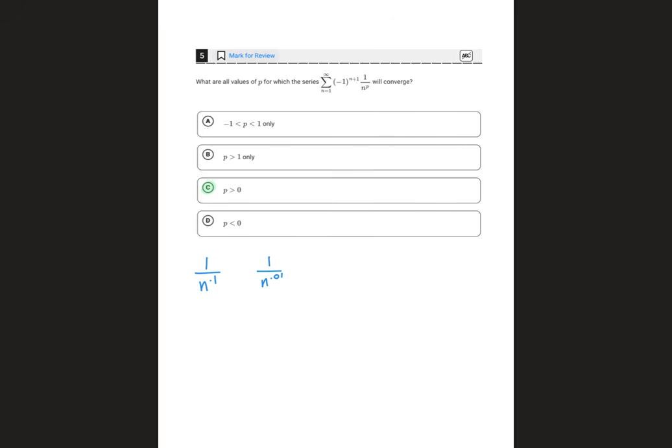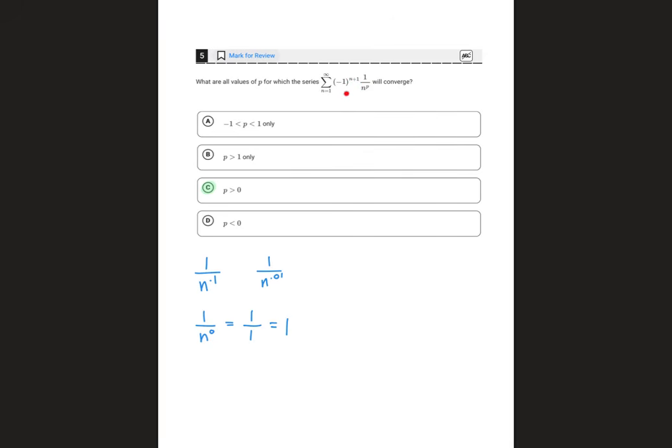Okay, but think about if the exponent was 0. Then 1 over n to the 0 is really just 1 over 1, right? Anything to the 0 is 1. So it's almost like if this term was just 1, then 1 times this is just this.